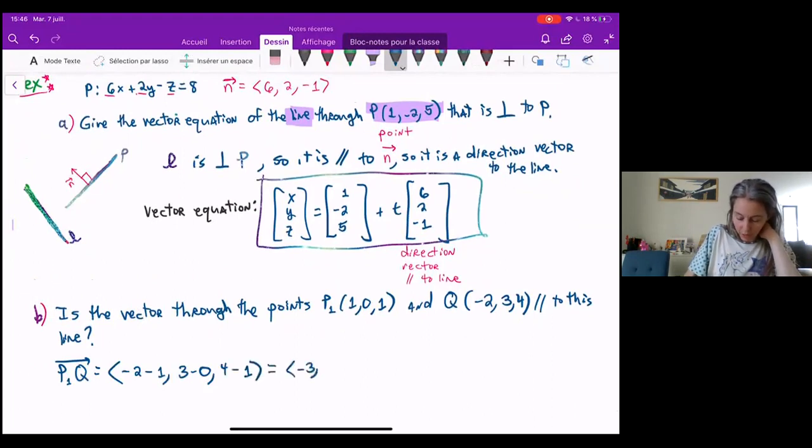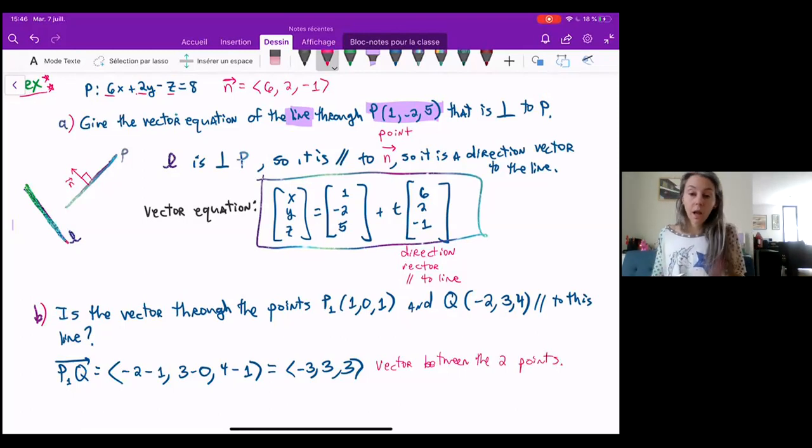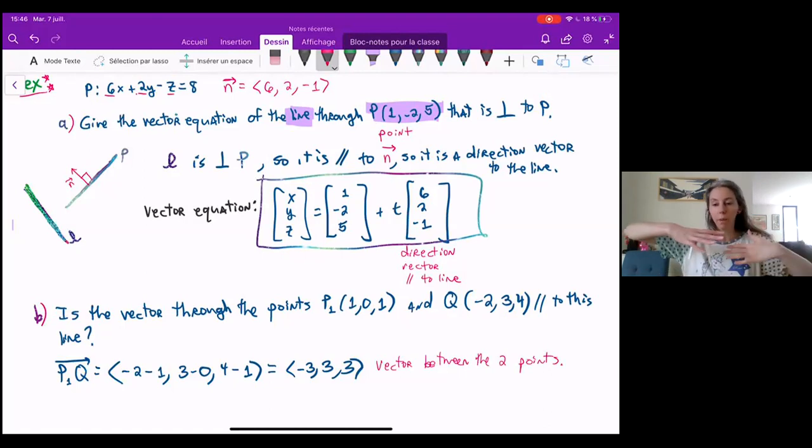So this is (-3, 3, 3). This is the vector between the 2 points. Now, is this vector parallel to this line? Well, if it's parallel to the line, then it will be a scalar multiple of the direction vector. Remember, 2 things are parallel if they're scalar multiples. The direction vector is like the slope. So are the slopes the same? Are they scalar multiples?